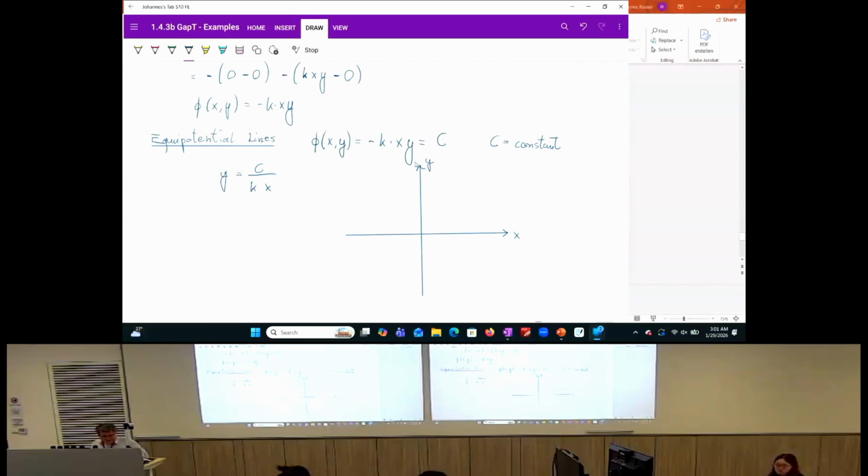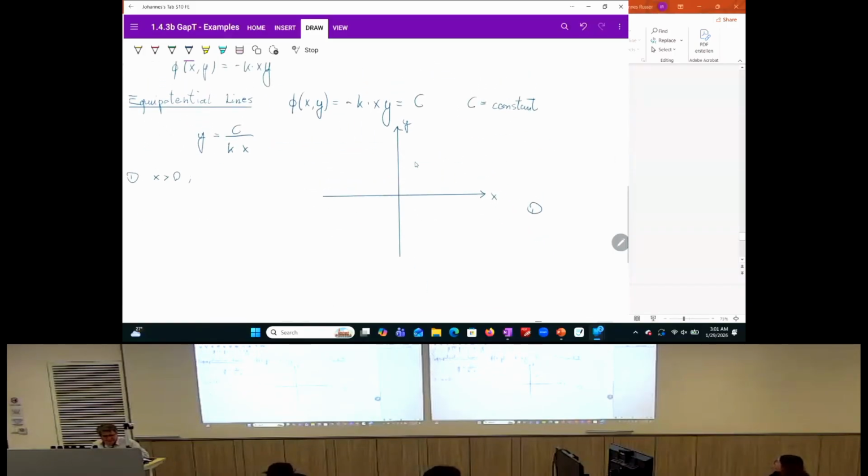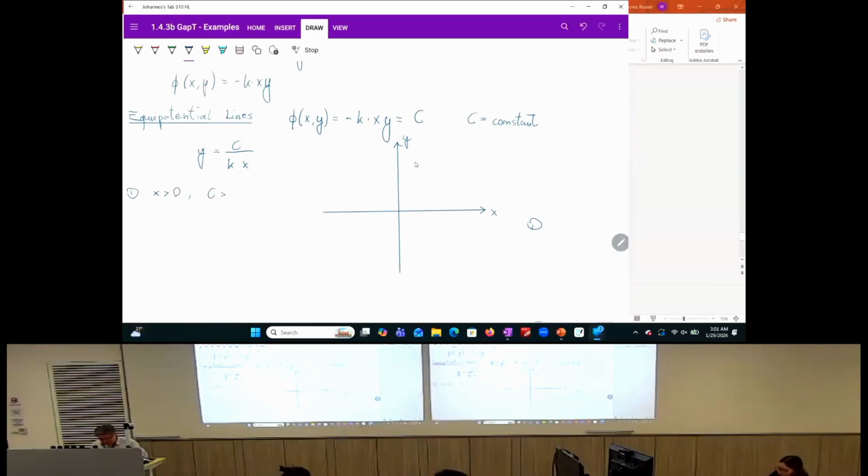So let's see how it looks in the first scenario. Basically, look here at the different quadrants of that plot. In the first case, we have x larger than 0. We also have a constant which is larger than 0.